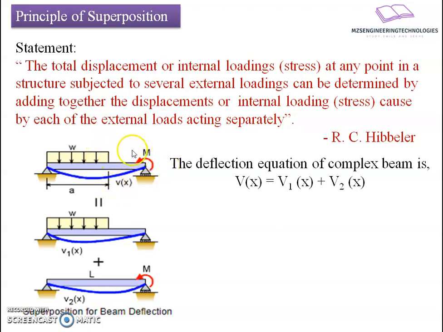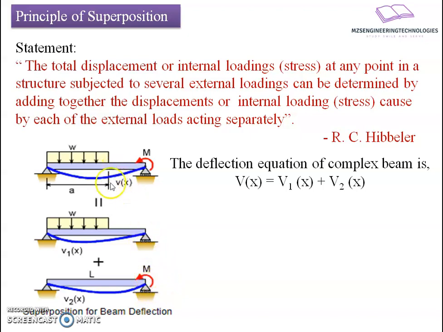If I want to know the displacement of this total structure, it will become a complex job to find the resultant displacement. Then I can simplify this into simpler cases, like the beam subjected to partial loading over the span, that is the effect of UDL only. In the second case, I will consider the effect of the point moment at one end, and I will find the displacement for these individual cases.